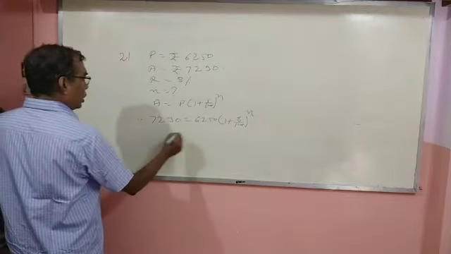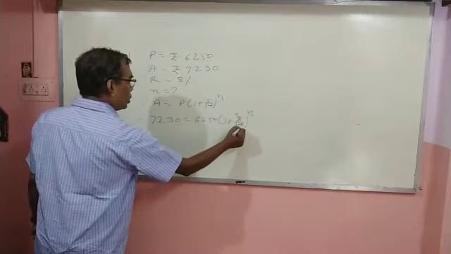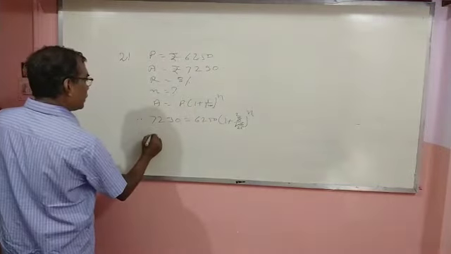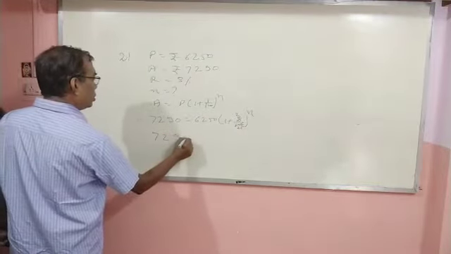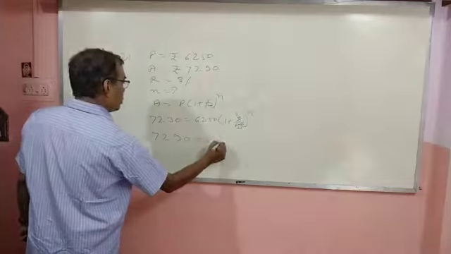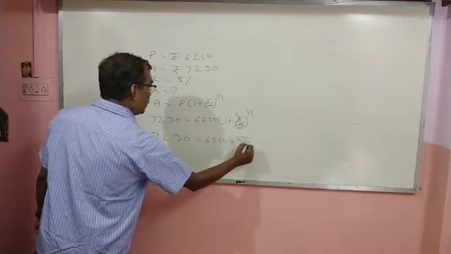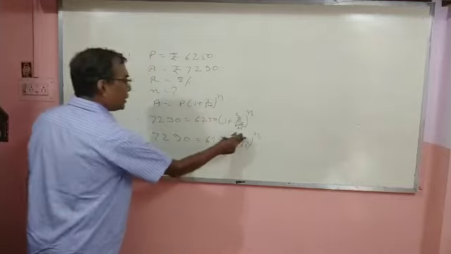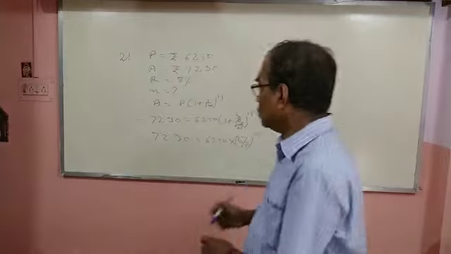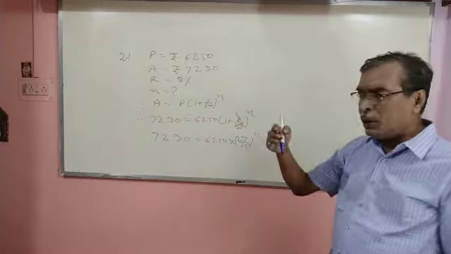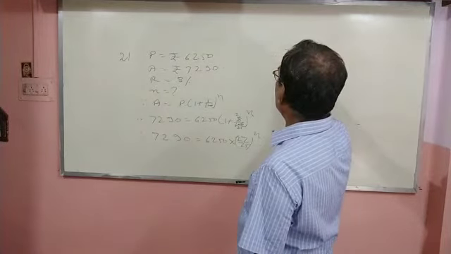Four 2s are 8, four 25s are 100, so 1 plus 8 by 100 is 27 by 25. So 7290 is equal to 6250 into 27 by 25 whole raised to n. This 27 by 25 gives you a lot of hint. I find that 625 is 25 square, so this 25 will most probably come.